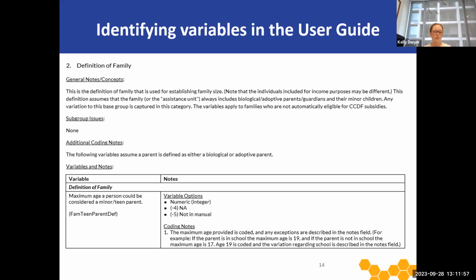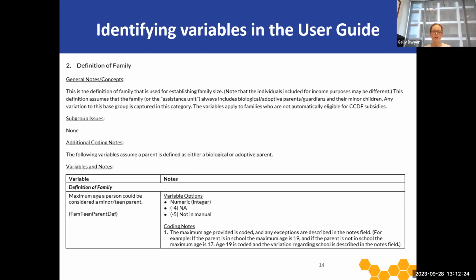To identify variables of interest, you can review the complete sections of the relevant policy category that you're interested in, or you can use the PDF search function to review the document for key terms. For example, if you are interested in how a family unit and income are defined for eligibility, you could review the sections for the policy categories for definition of family and definition of income.